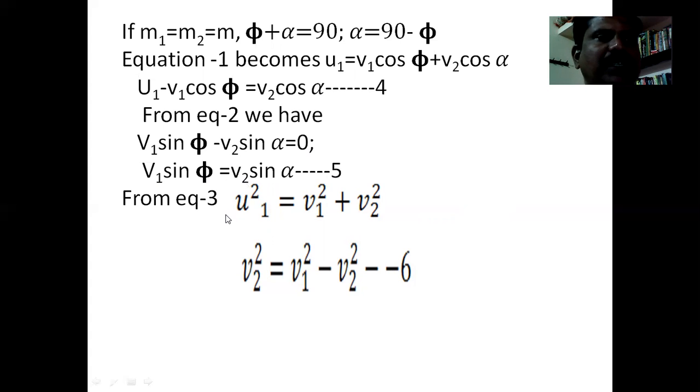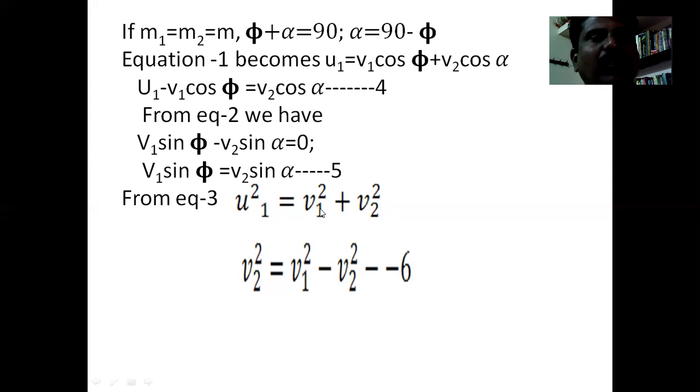Next one is the conservation of energy, that's the total kinetic energy, the third equation. With the help of that equation, we get u1 square equal to v1 square plus v2 square, because the half m cancels.